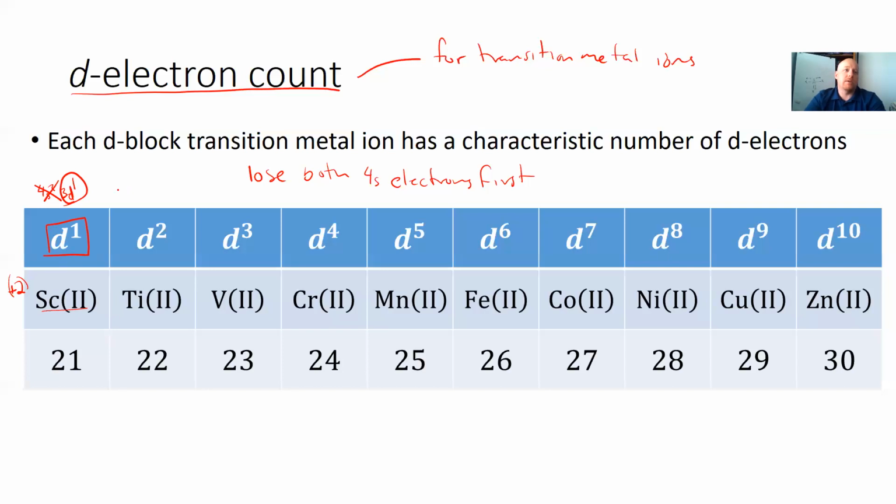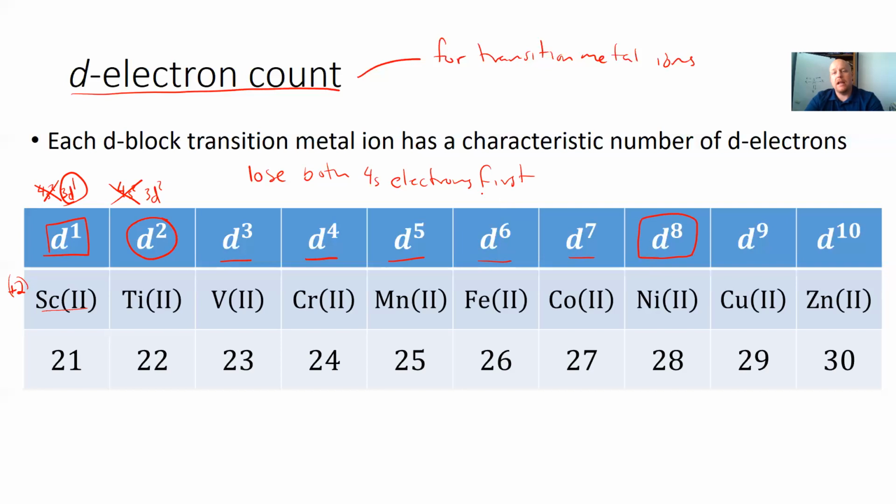Titanium would be 4s2 3d2, but if it loses those 4s electrons, it only has 2 d electrons remaining, so we call that a d2 metal. Vanadium would be d3, chromium would be d4, manganese would be d5, iron is d6, cobalt is d7.